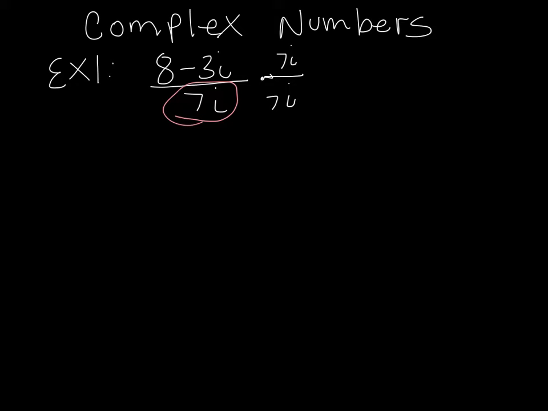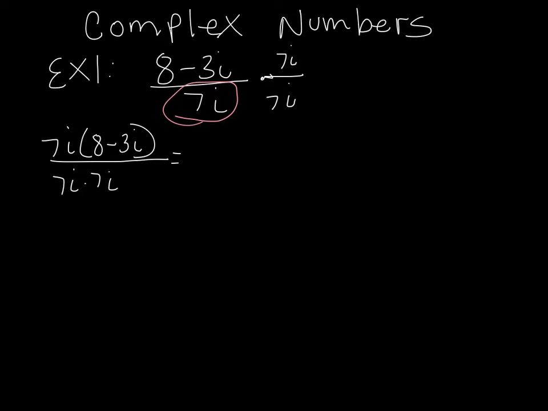Okay, now if I do that, my top will look like 7i times (8 minus 3i), okay? And the bottom, of course, is 7i times 7i, okay? So on the top, you want to go ahead and distribute.